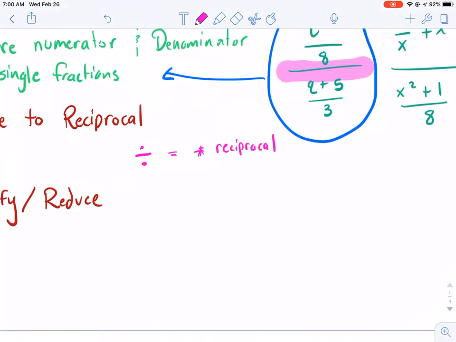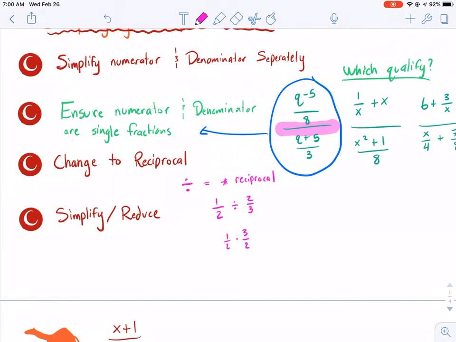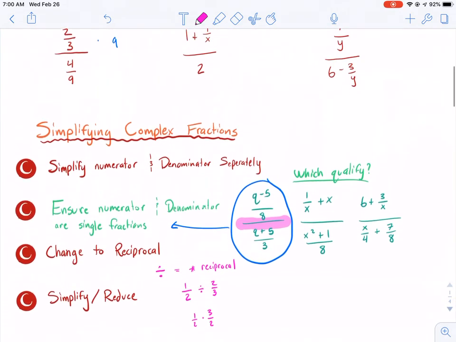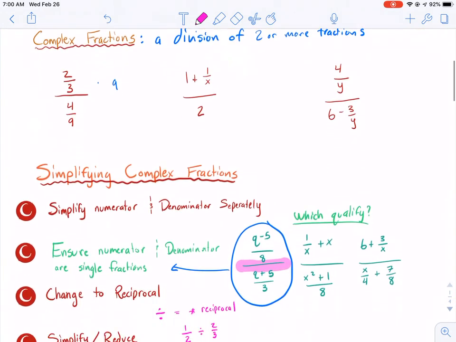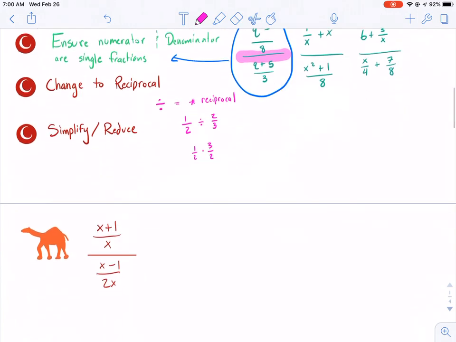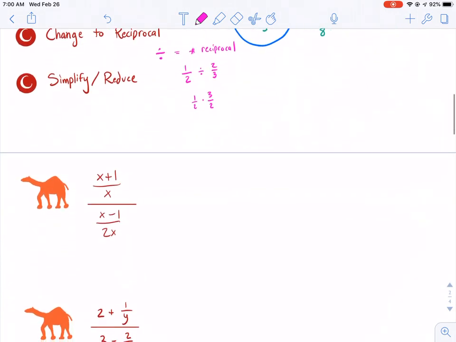This should be review, but let's say we have 1/2 divided by 2 over 3. It's the same thing as 1/2 times 3 over 2. That's important. And then lastly, you're going to simplify and reduce again if possible. I'm going to cut this video off right here just so we can have enough time to work on our examples. Next up, we're going to go over a few examples.